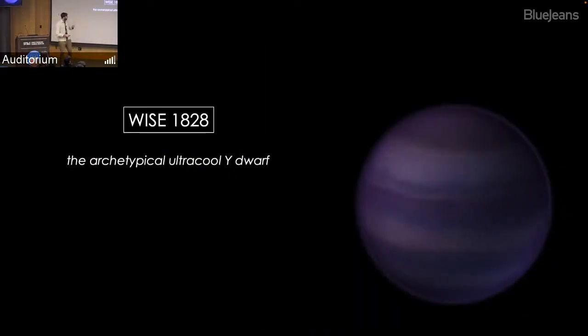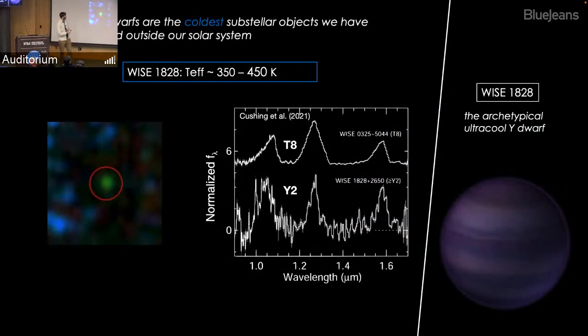And so let's talk about WISE 1828. This is the first of its kind, meaning that this brown dwarf was discovered in 2011 by Mike Cushing using WISE, and it was so different from the previous spectral type that it warranted a new category of its own. Here you see a Spitzer and HST spectrum.